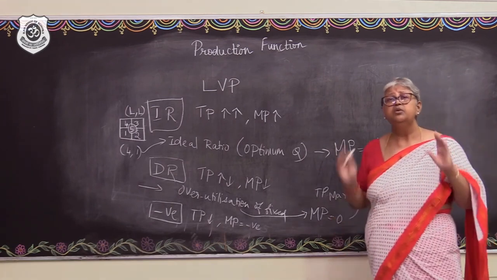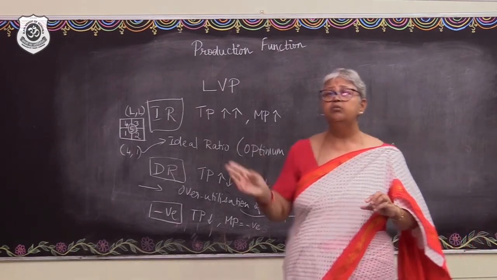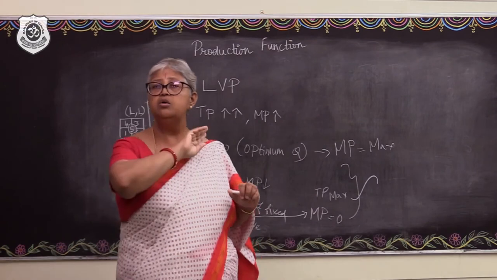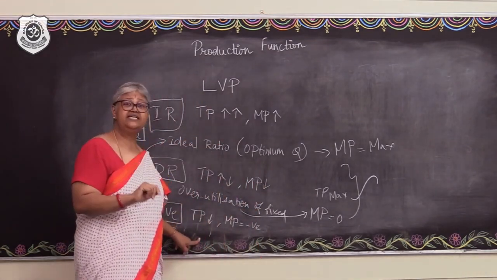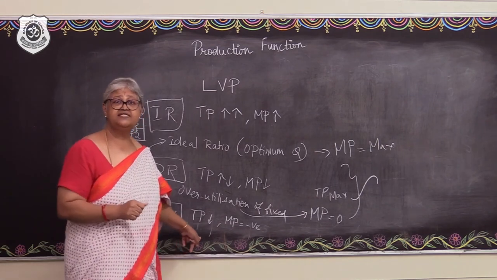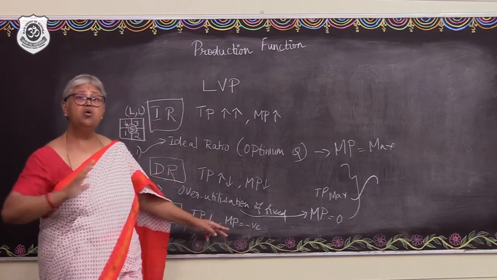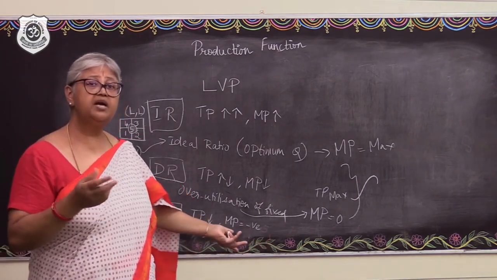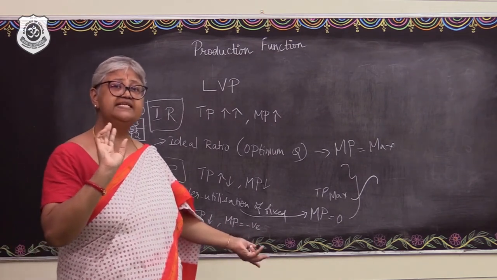Fine. So this is where the producer would stop the production, or rather stop employing more amount of variable inputs. Once more, no rational producer will be willing to move on to this third phase, the negative returns phase. Why? For the obvious reason that the total product is falling, the total output is falling. And what about the marginal product? Marginal product has gone into the negative quadrant. Right? Nobody would want negative returns, isn't it?